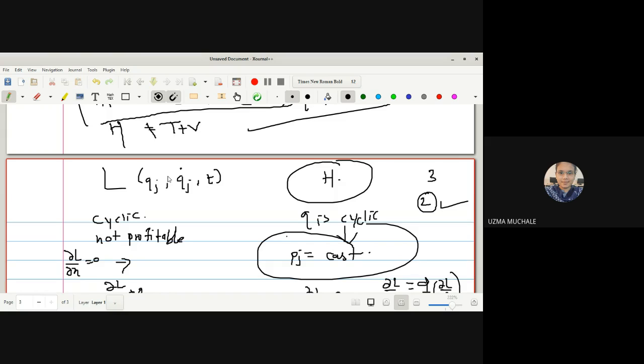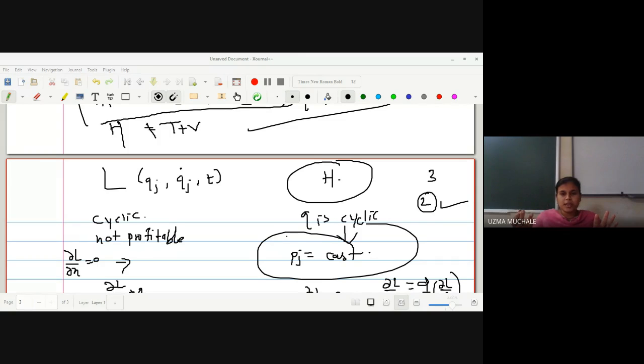So the main difference between the Lagrangian and Hamiltonian is the presence of cyclic and non-cyclic coordinates. If the Lagrangian has a cyclic coordinate, there is no profit to you. You still have to deal with the same n degrees of freedom. Suppose you have 3 degrees of freedom, you still have to deal with 3.